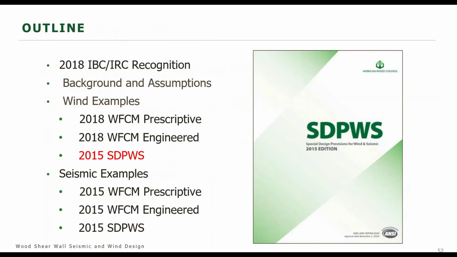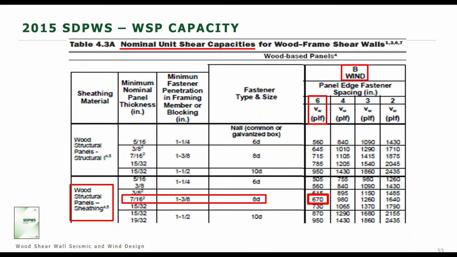All right. So the last wind example we're going to do today is going to be from the 2015 Special Design Provisions for Wind and Seismic. So there is a slight difference in how the tabulated values are presented, and you might notice that when you look at these numbers here. So in SPDWS, the capacities are presented in a nominal fashion.